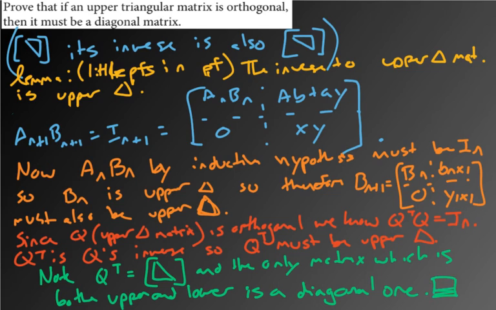So that does it. It's a pretty tricky proof, but once you get through all this stuff, this part just comes out so nicely. An upper triangular matrix that's orthogonal has this as a definition. The transpose of an upper triangular should be lower triangular. But if we just proved that the inverse of an upper triangular is upper triangular, then the only thing that can be lower and upper is something that's diagonal. So a neat little result.